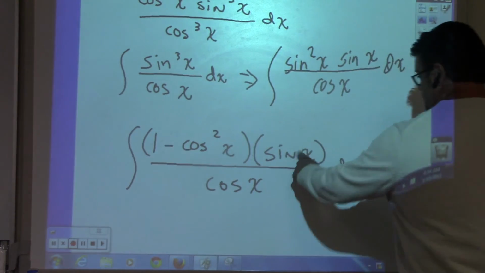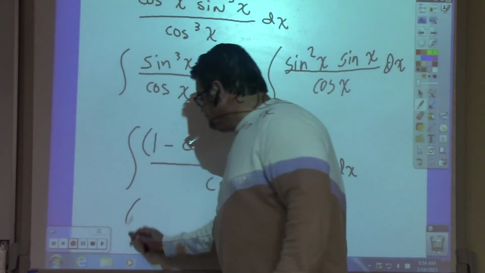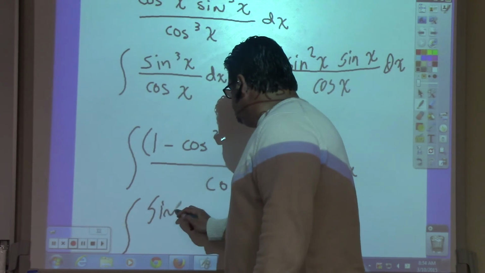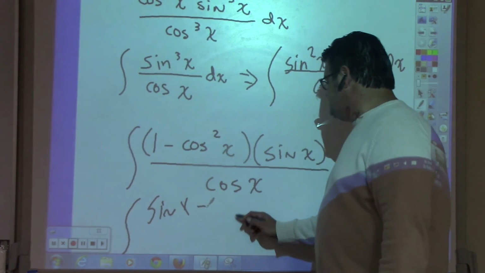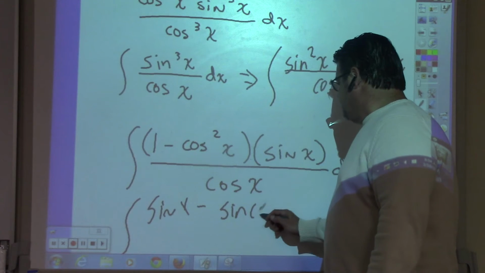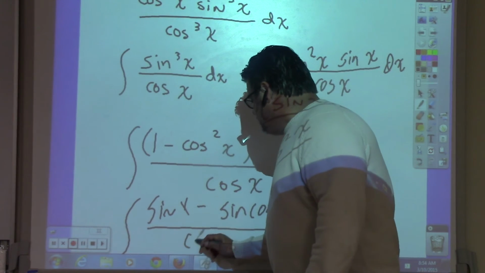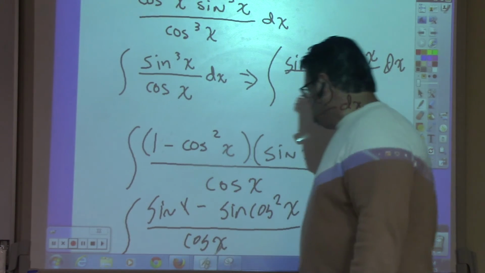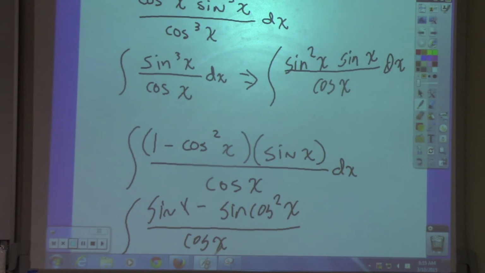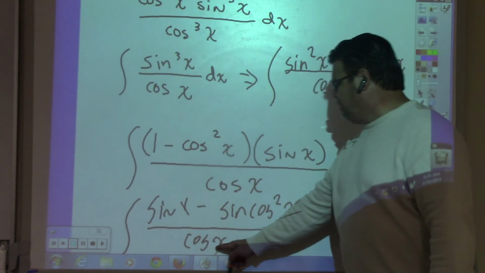Distribute the sine: sine of x minus sine of x cosine squared of x, over cosine of x. And now you can put it over the common denominator.